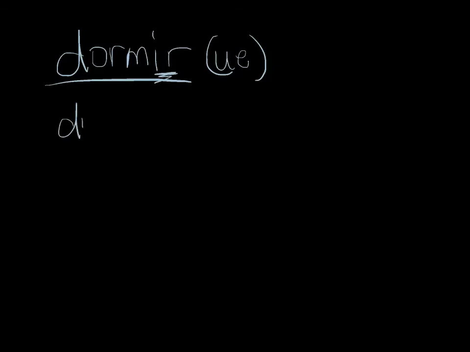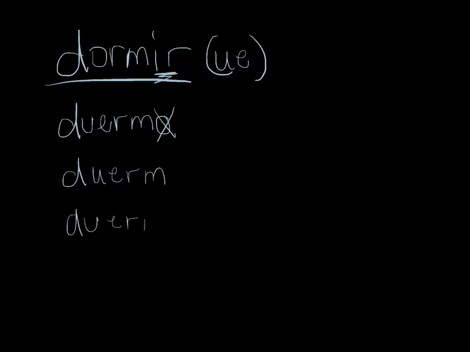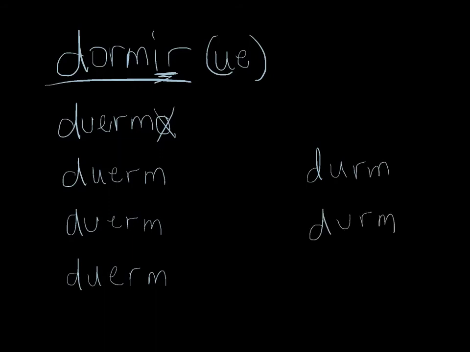So when I work with yo form, cross off the O, still a rule. Stem changing verbs in the third conjugation kind of break the rule a little bit. This happened with the IR stem changers before. Remember in the preterite? Instead of having a UE in the nosotros, we end up with the D-U-R-M stem, and that's going to happen in vosotros also, okay?